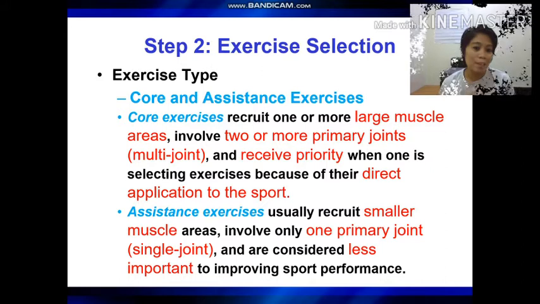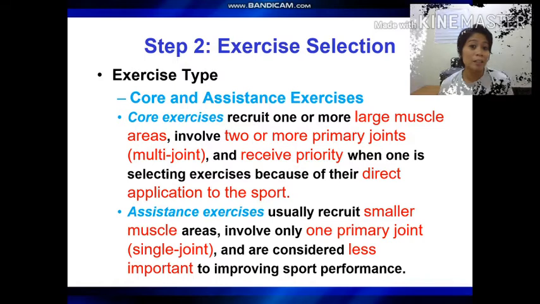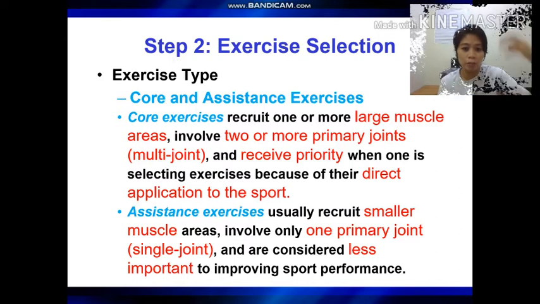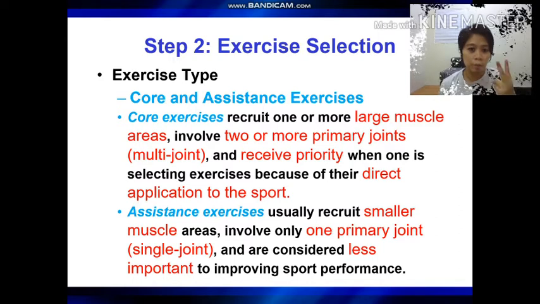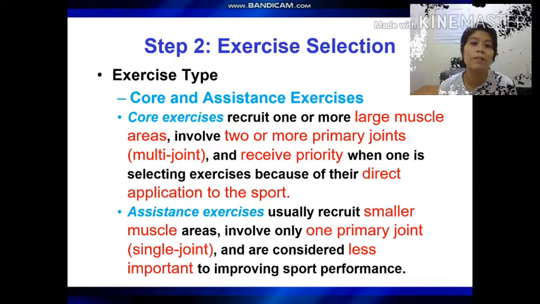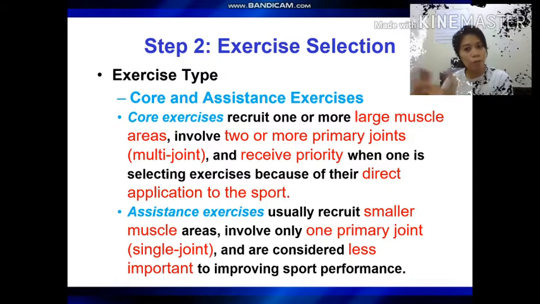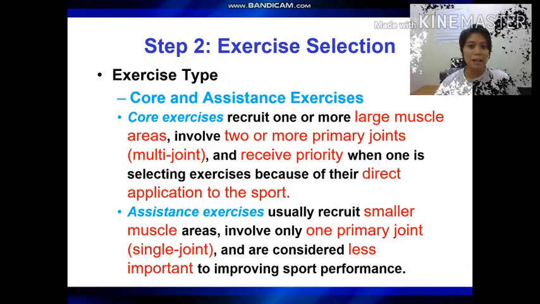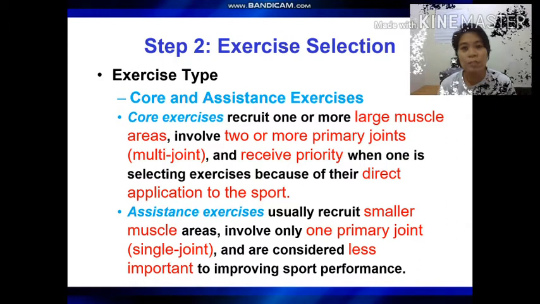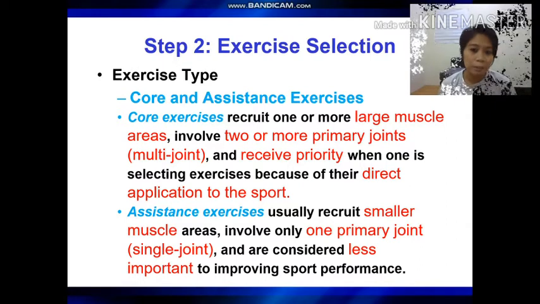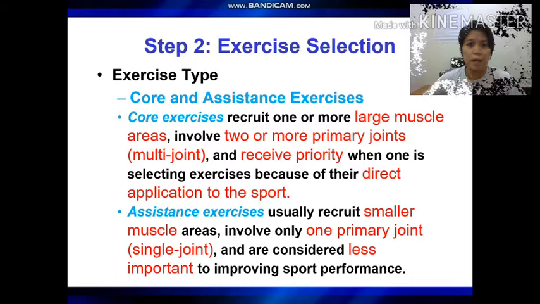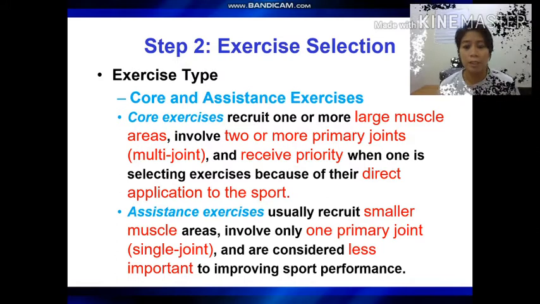Can we give an example? Bench press. Is it a core exercise for football? Can we consider it so? Yes, because it involves a large muscle group and is multi-joint, the elbow joint and shoulder joint. It assists in several movements, for example, throw-ins, and running activity should have high endurance of the upper body, right?